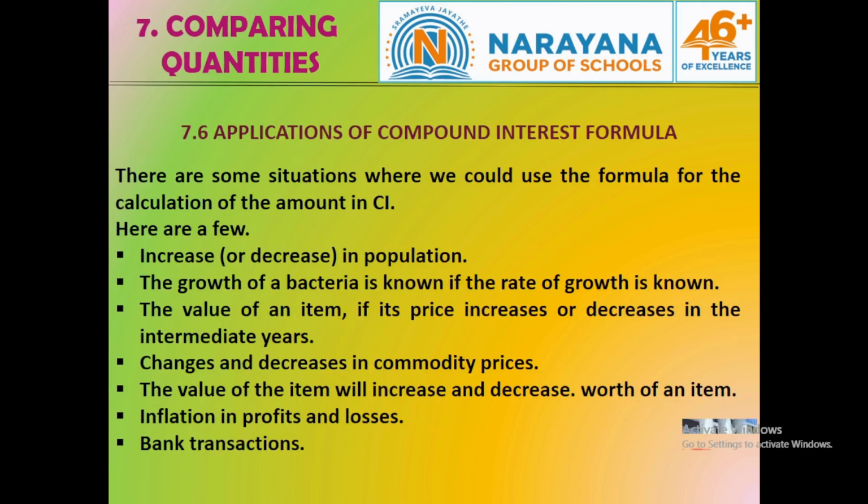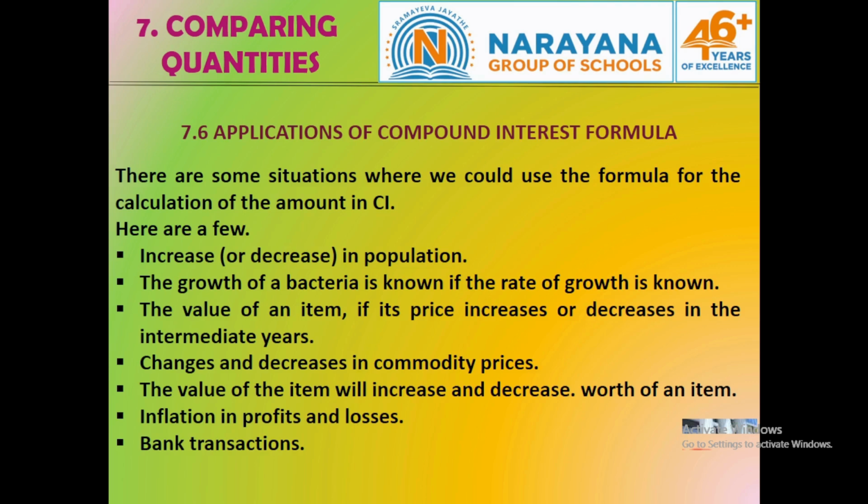Now, applications of compound interest formula. What are the applications? There are some situations where we could use the formula for the calculation of the amount in CI. Here are a few. Increase or decrease in population. Here also we are applying the compound interest concept. The growth of bacteria, if the rate of growth is known.